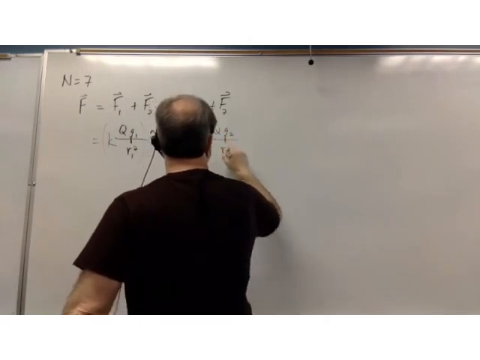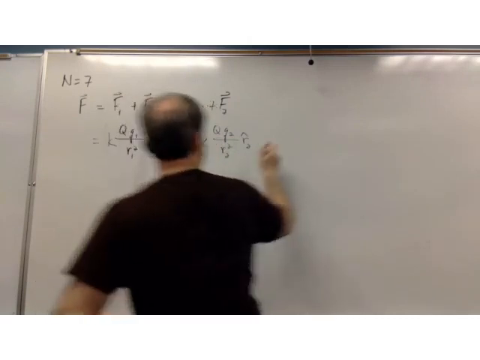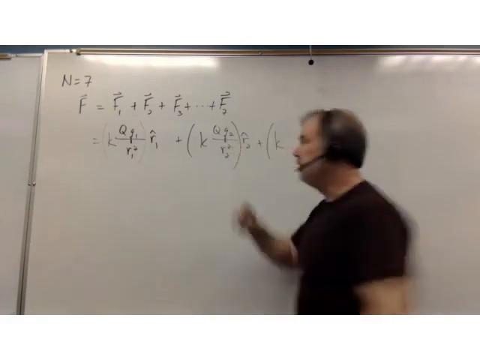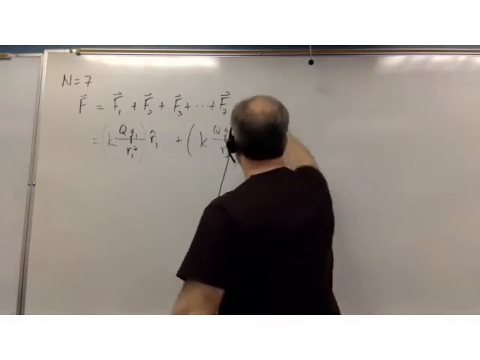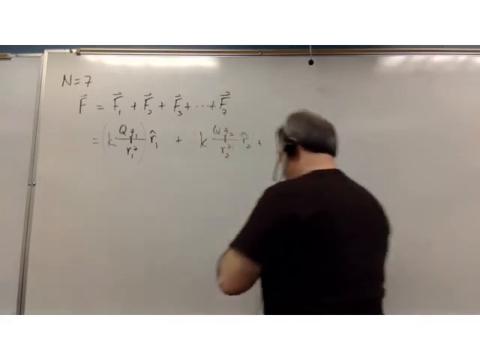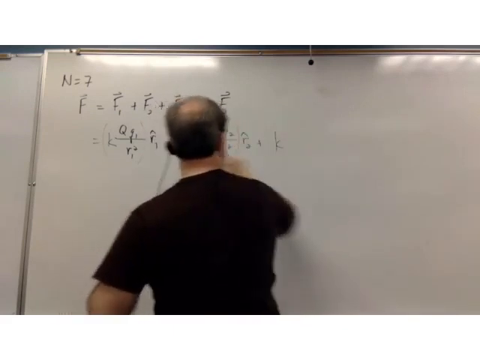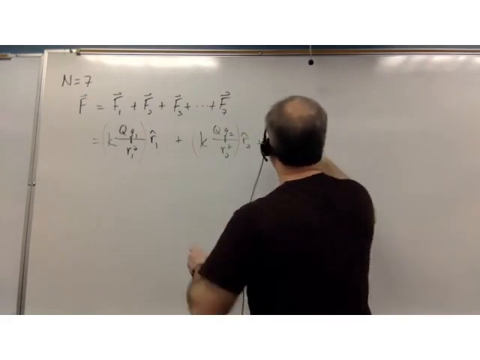K Q Q2 over R2 squared R2 hat, plus k. I don't really need the parentheses here, but I'm sort of emphasizing. And in fact, you know what I think I'm going to do? I'm going to go ahead and put them in this light color here so that you don't pay too much attention to them, because I'm going to get rid of them in the next line anyway.